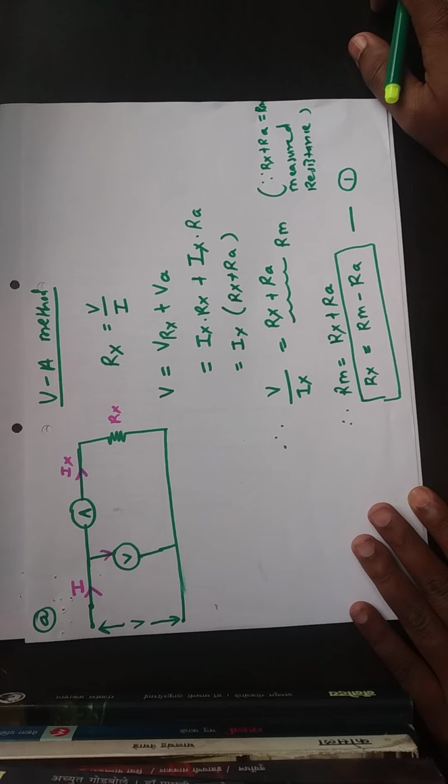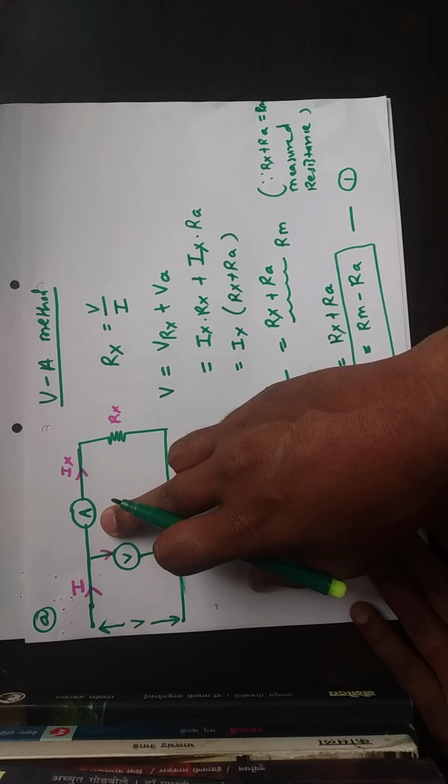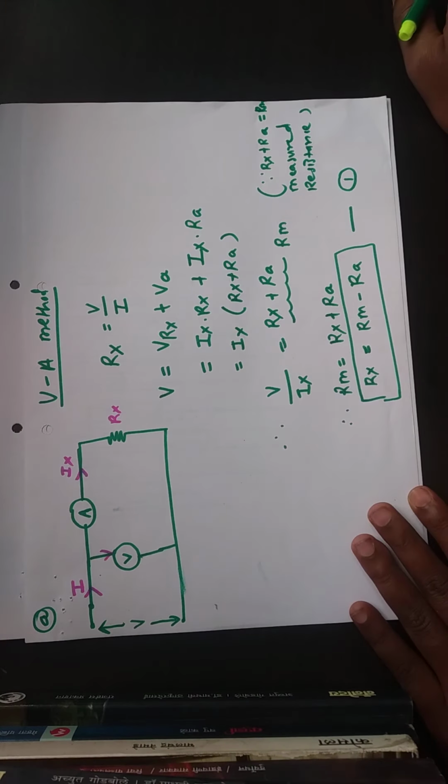But in a practical way, we cannot have an ammeter which has a resistance of 0. So practically the measured value is always greater than your true value, that is Rx.